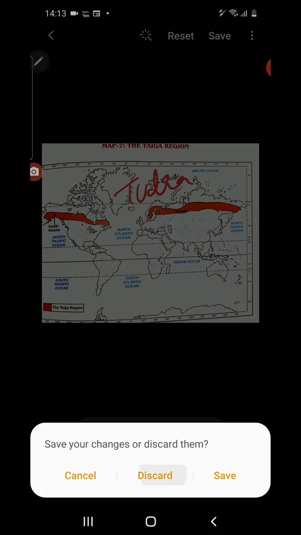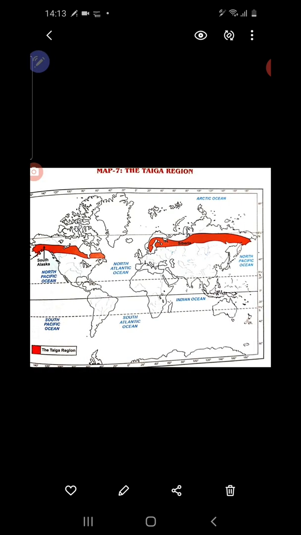Here you see the Tundra region shown. It is very cold, so no tall trees are growing because of the extreme cold. Only animals like penguins and polar bears can be found. Only in the summer some lichens and small bushes grow, otherwise no tree is growing.